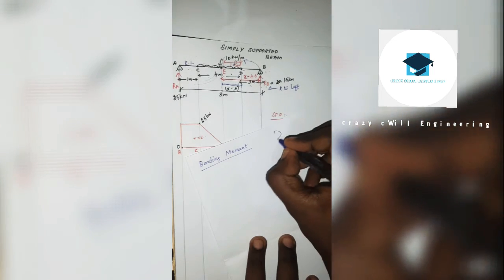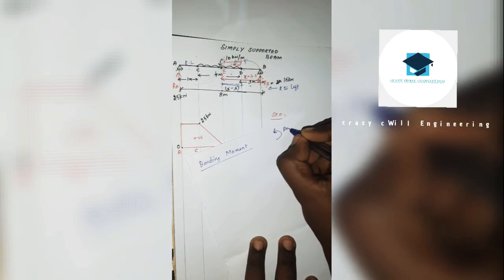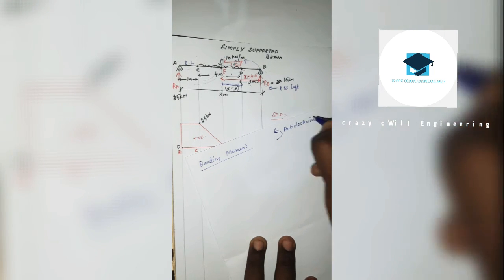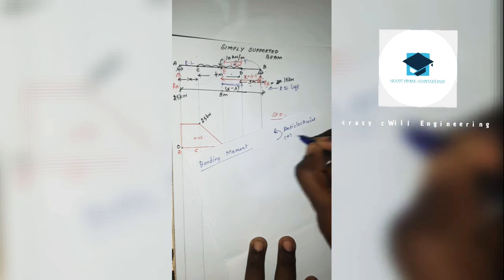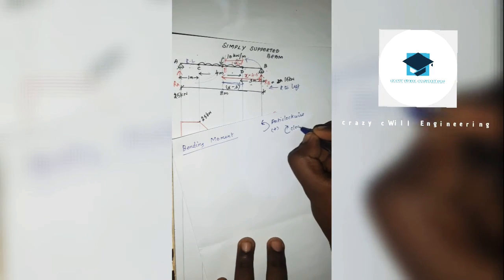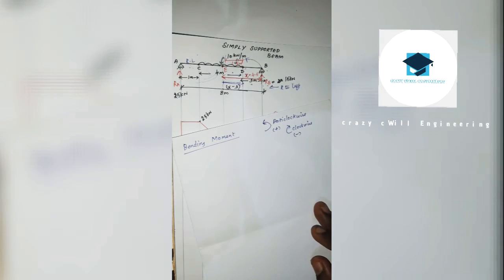Sign convention: anti-clockwise moment is positive, clockwise moment is negative.